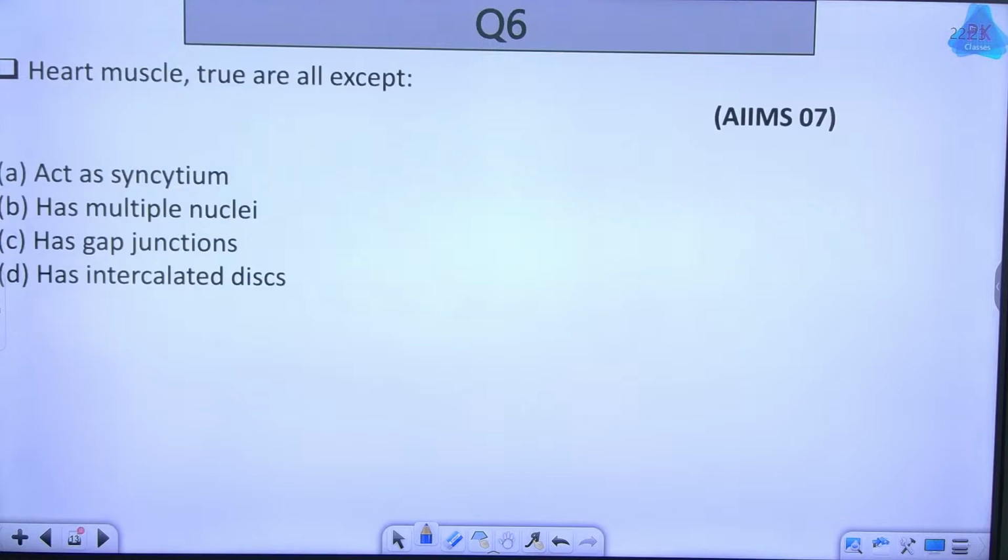आगे बढ़ते हैं. Which of the following is false regarding the heart muscle?